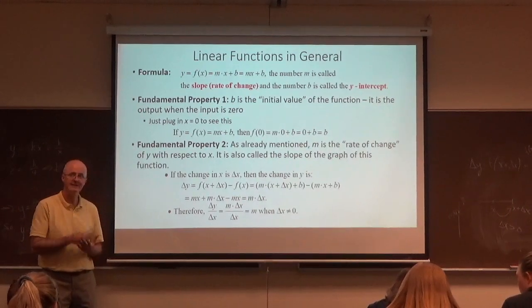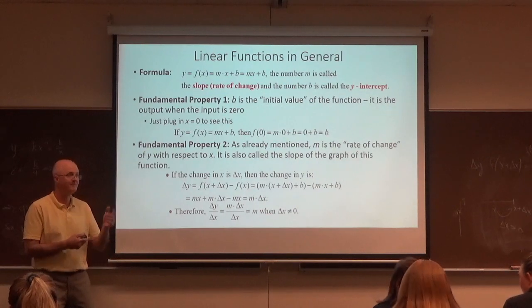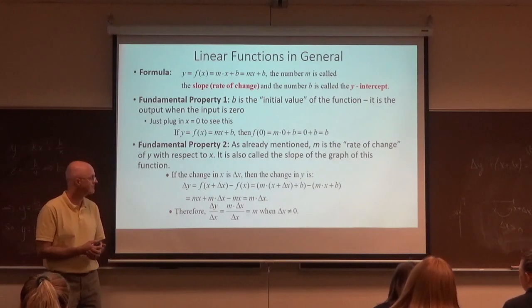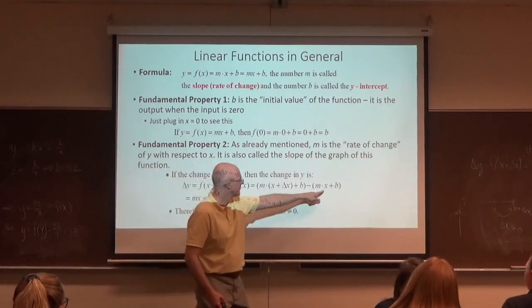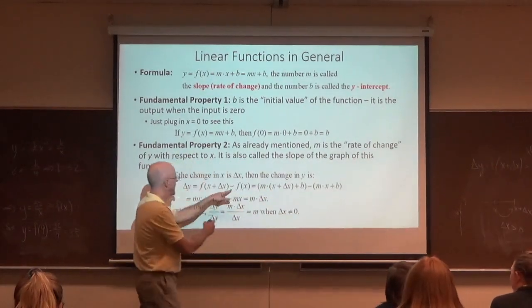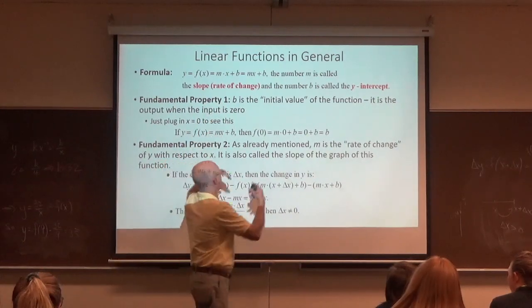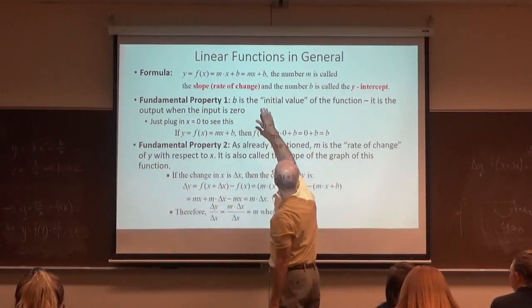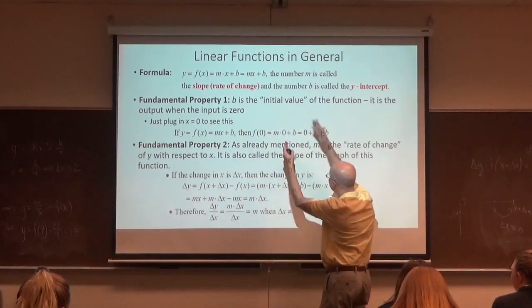Can I clarify anything on the slide? Where did the second parentheses come from, the m times x plus b? Right there? Yeah. That's because I'm subtracting f of x. f of x is the output of the function when the input is x. It's the quantity mx plus b. So I'm subtracting that entire thing.